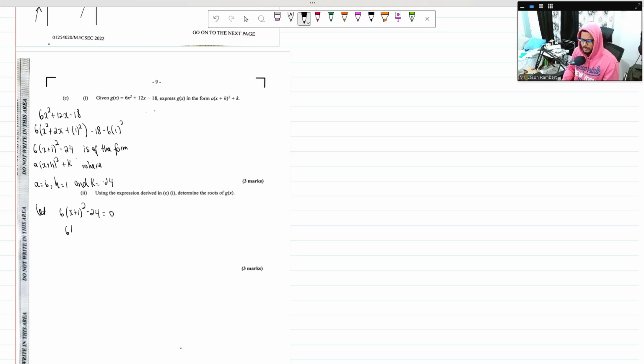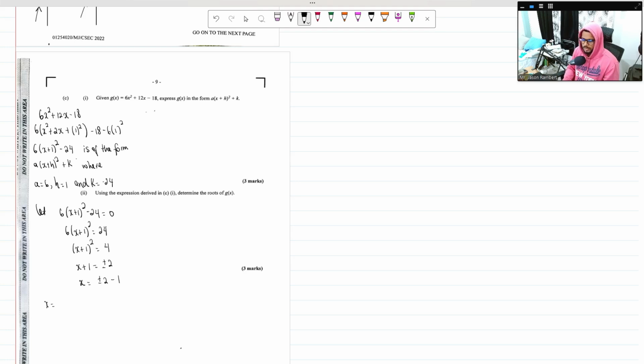Move the 24: 6 into x plus 1 squared is equal to 24. Divide both sides by 6. X plus 1 squared is equal to 24 over 6, which is 4. Square root both sides. X plus 1 is plus or minus 2. X is equal to plus or minus 2, take away 1.